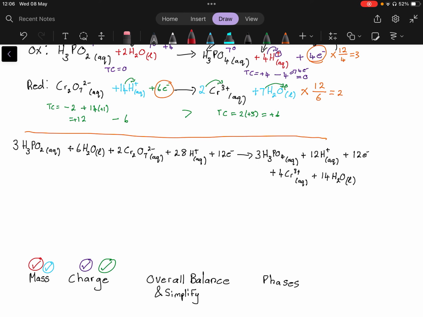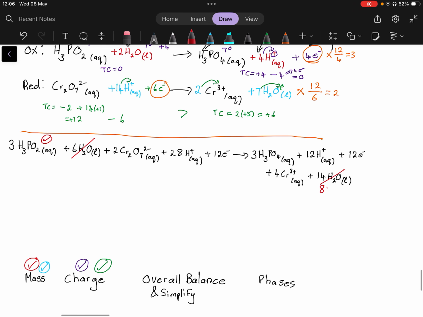We have H3PO2. Does H3PO2 appear on the product side? No. So that one is fine. There's 6 water. Is there water on the right-hand side? Yes. So in other words, we need to do something about that. And the side that has more is the product side. It has 14. The reagent has 6. So that means we're left with 8 water.